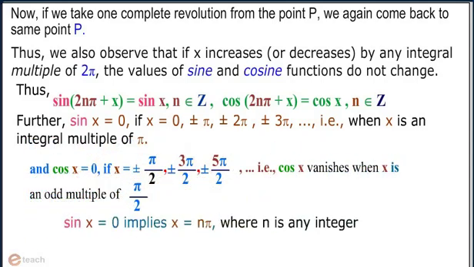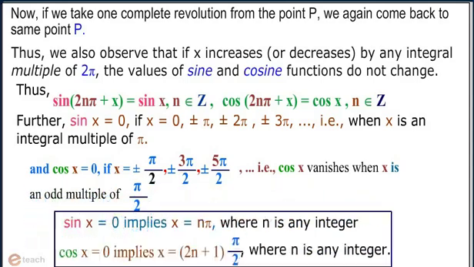Sin x equals 0 implies x equals n pi, where n is an integer. Cos x equals 0 implies x equals (2n plus 1) into pi by 2, where n is an integer.